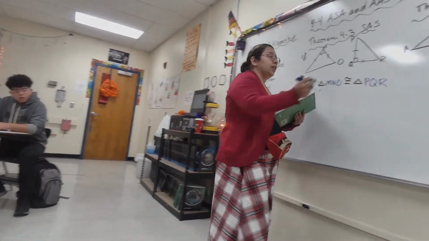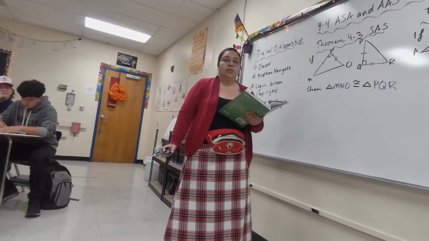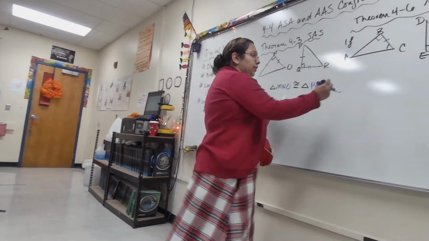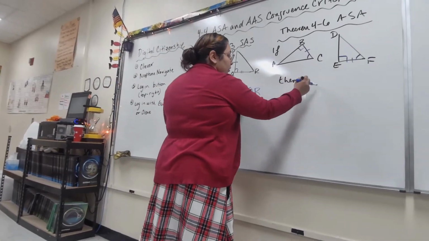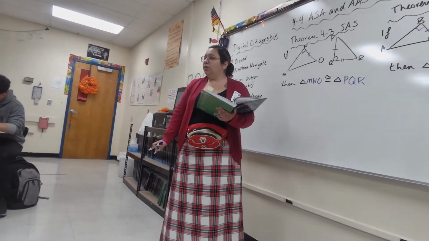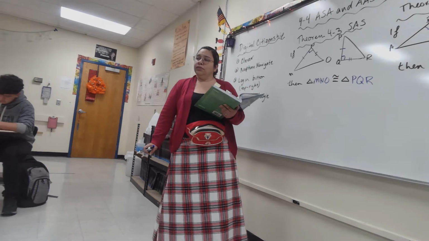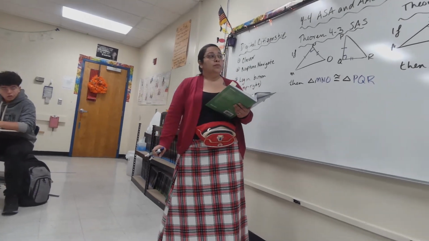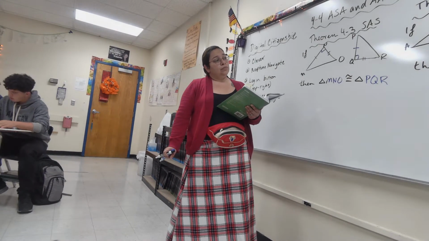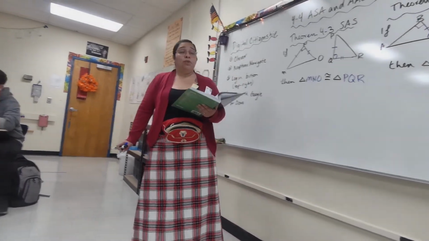We've got these triangles now. If we're trying to prove the ASA, the angle side angle theorem, how would I write this congruence? Starts with an angle, right? How would it go? Can we say ABC for this one?